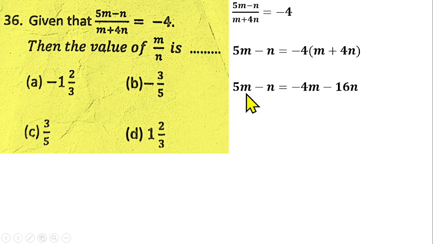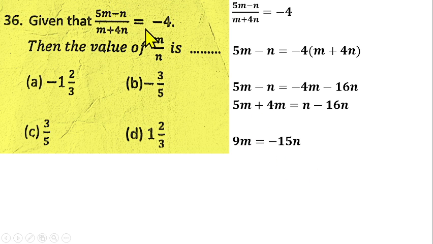Open the brackets. We have 5m minus n equals minus 4m minus 16n. Collect like terms. So we have 5m plus 4m is equals to n minus 16n. Then that should give us 9m equals minus 15n.